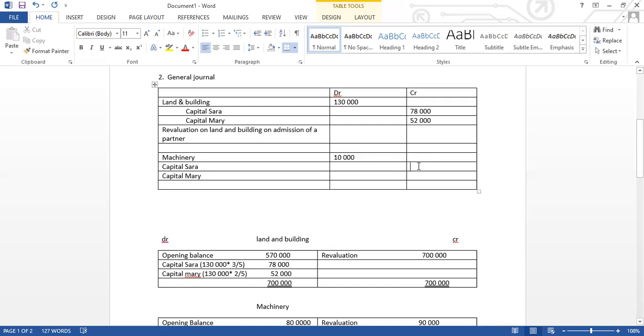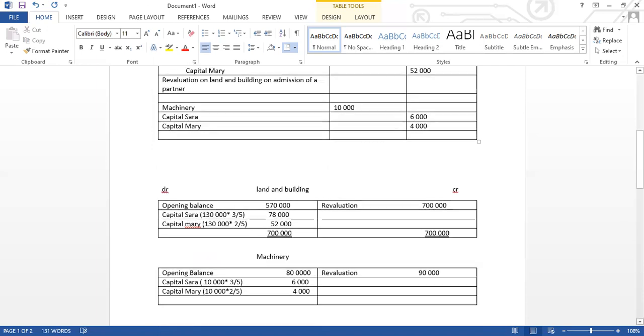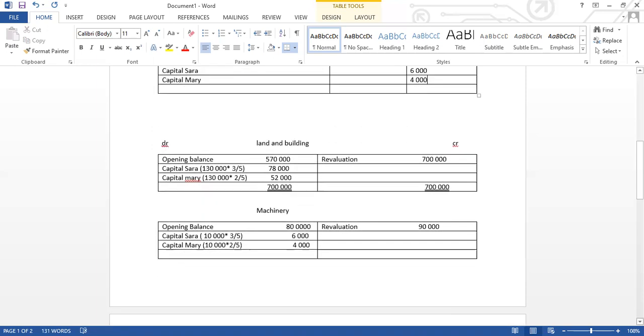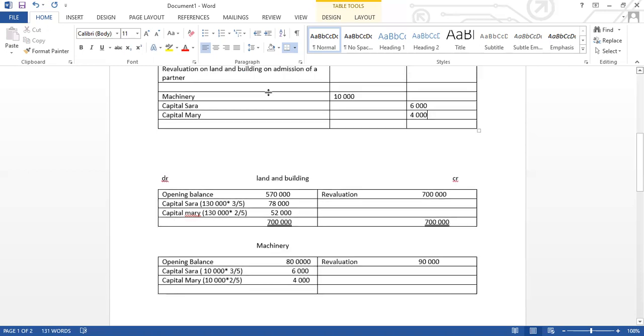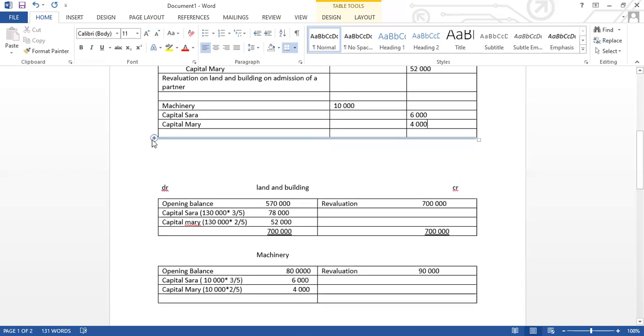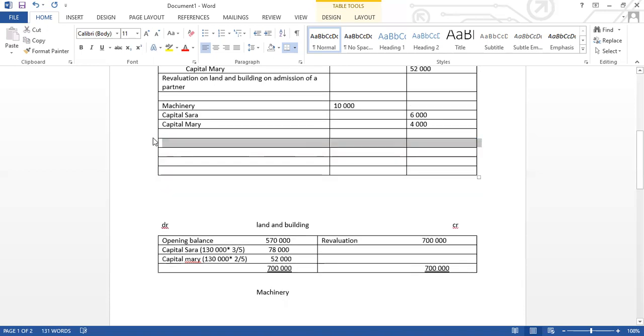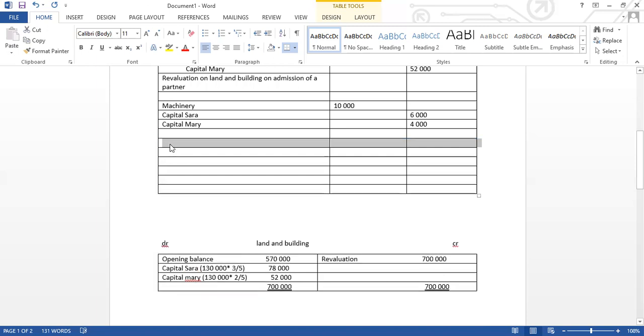Capital Sarah is 6,000, and then this one is 4,000. Do we understand? Yes. So are we able to draw up journal entries at the revaluation? Yes. Okay, because these are the main important things you need to know when it comes to a test, assignment, or exam.